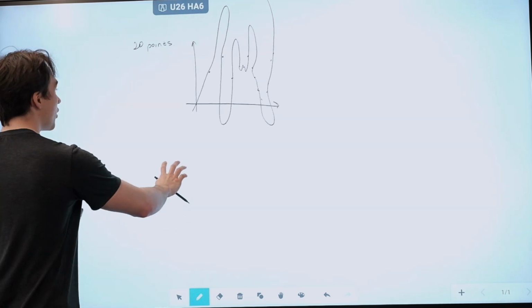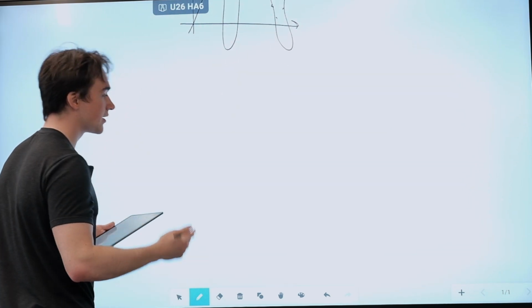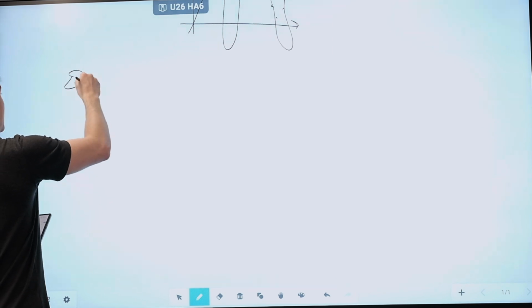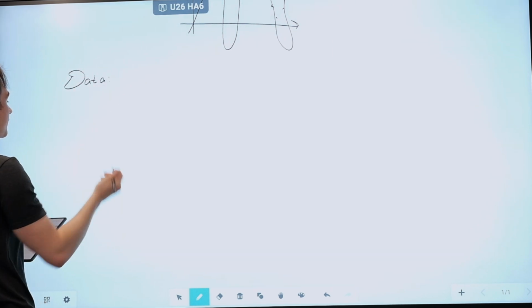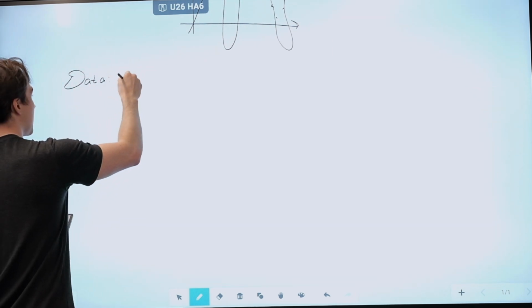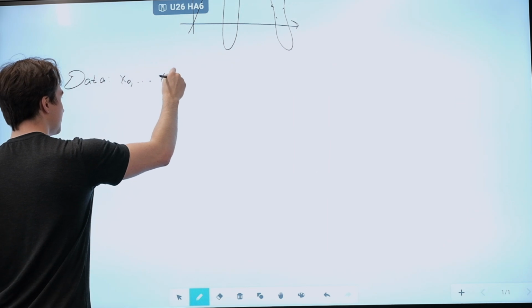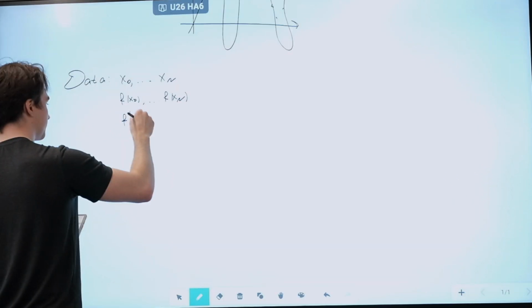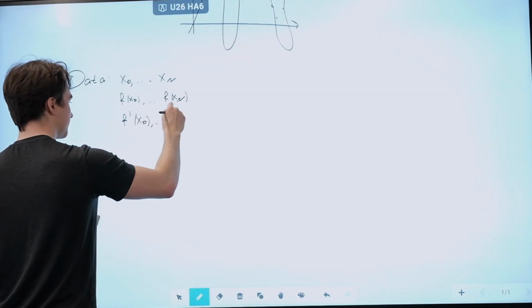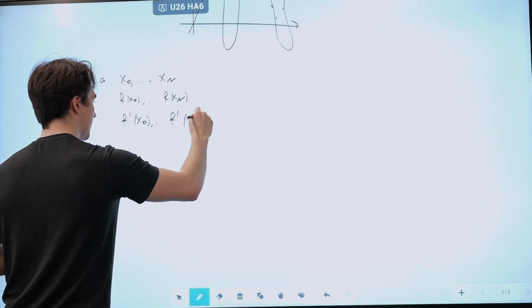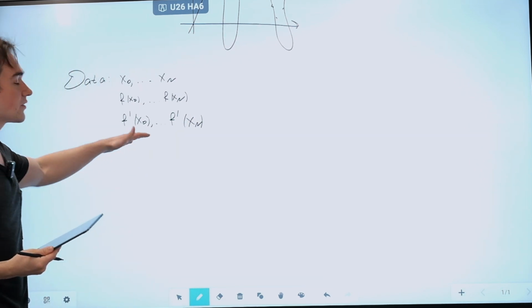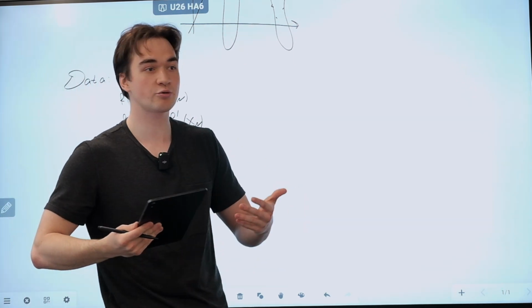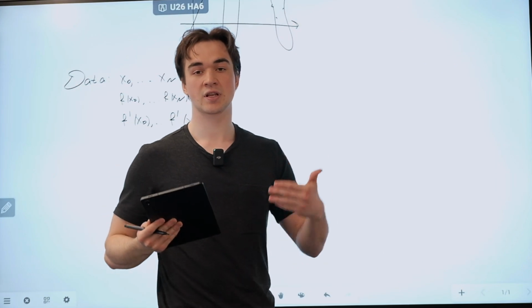The idea of Hermite interpolation is that in our data we now have not only our values, but also the derivative of our function. Here we use the first derivative, but you can also use other derivatives if you know them.